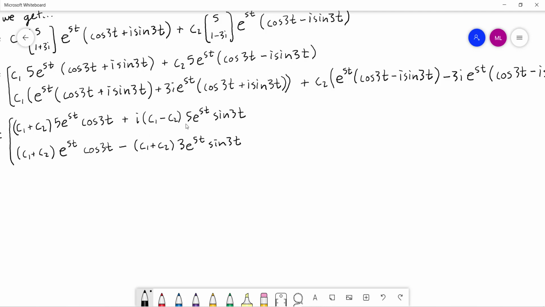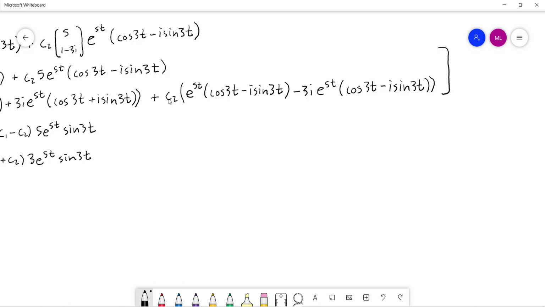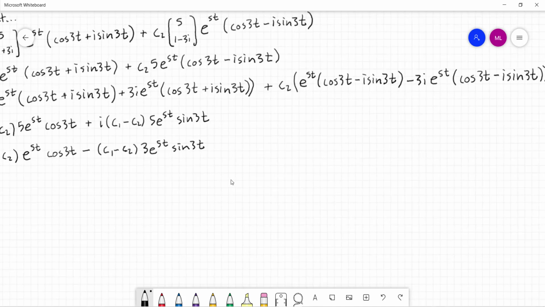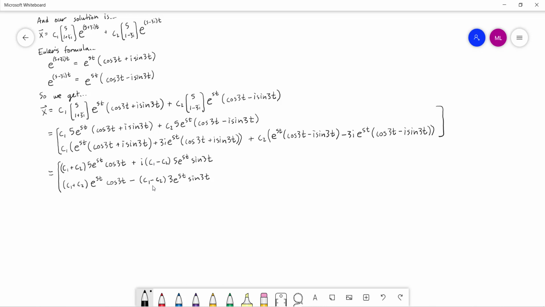And we get the 3e to the 5t times the sine of 3t. So the C1 part is this term. And then the C2 part is this term. C2, a -3, but this times this will become positive. So I messed up the sign here. This needs to be a negative sign. There we go. That looks better. So there's that term. Those are the real parts.